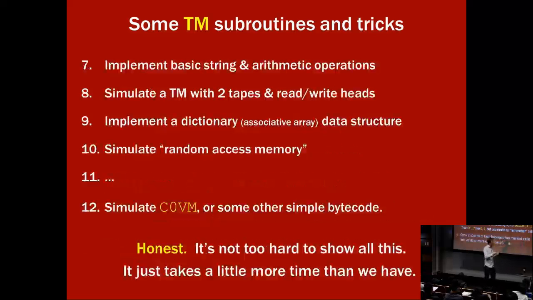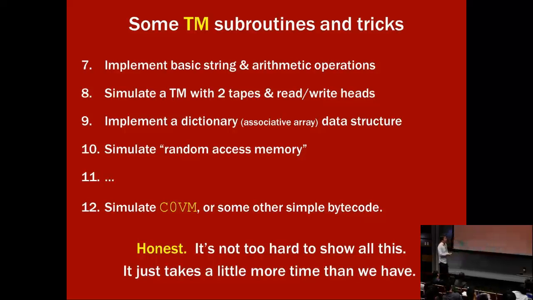Once you have this, you can do cooler things. Like you can copy a stretch of tape from one, let's say, marked location to another marked location by shuttling the head around to look for the marks. Now you're really starting to get more powerful. You can implement some basic string operations like reverse a string, or arithmetic operations like increment a number written in binary.